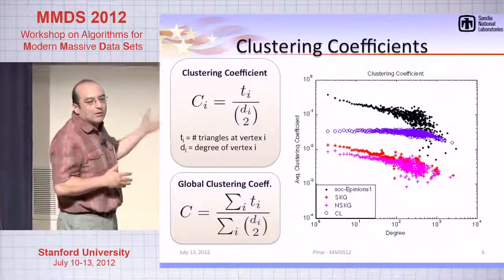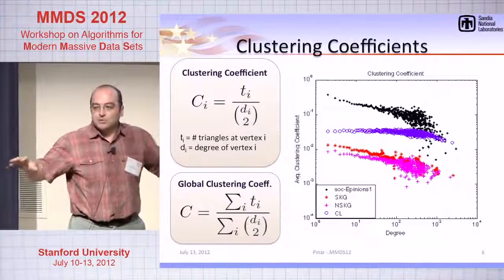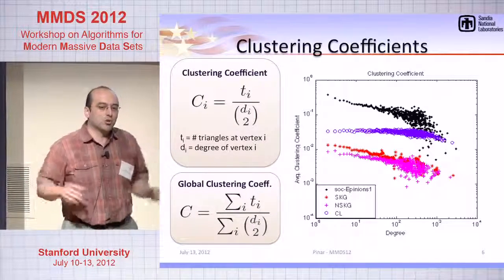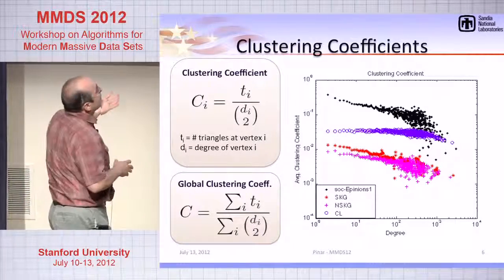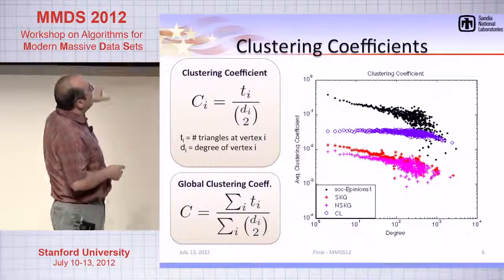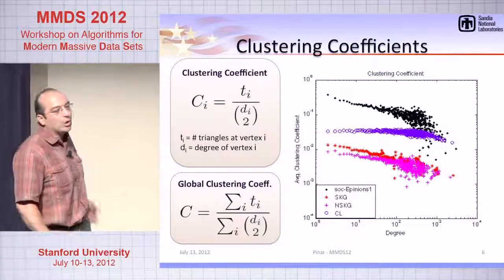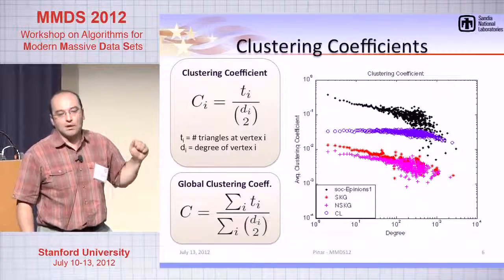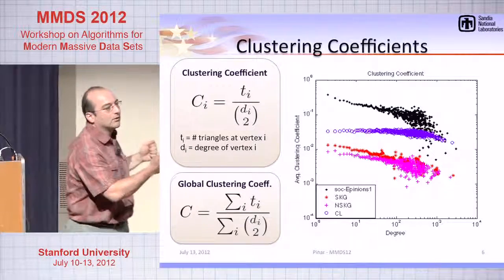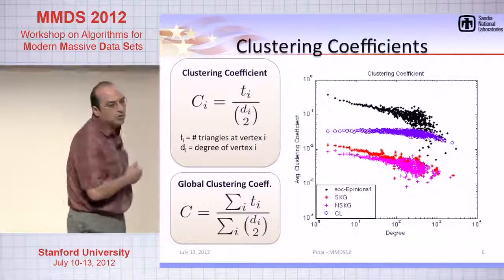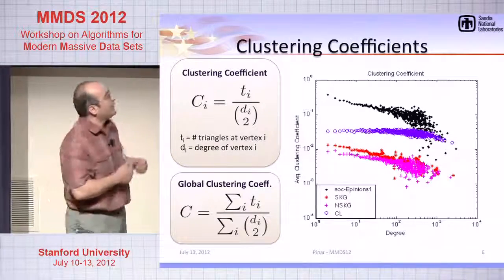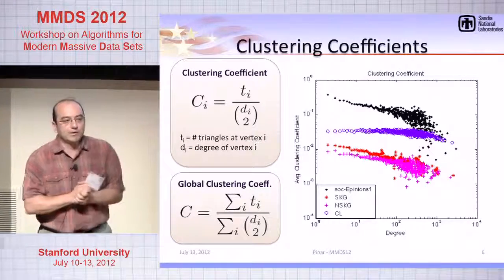If it's 1, your neighborhood is a perfect clique, so all your neighbors are also connected to each other. That's the maximum value it can reach. And you can define it for the full graph, the global clustering coefficient. Then you look at the total number of triangles in your graph, and you divide it by the potential number of triangles. That gives you the global clustering coefficient.